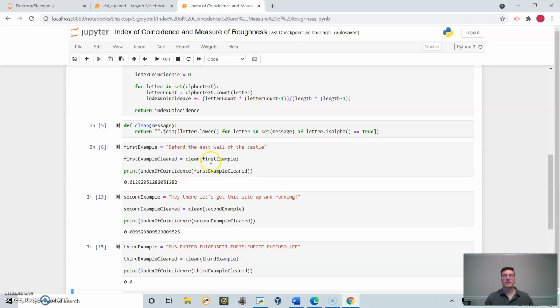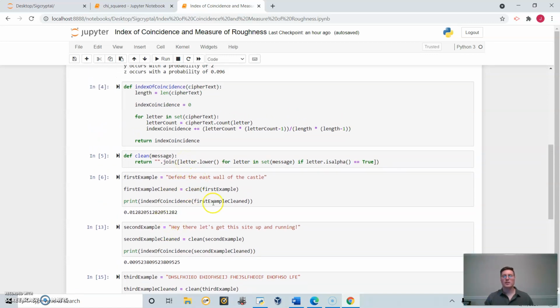Essentially, it's taking a message, and this is covered in the previous video. It's cleaning it, so it's turning all characters in the English language to lowercase and joining them together. So take out the spaces, turn the capitals to lowercase characters, and then plug that into the IC formula.